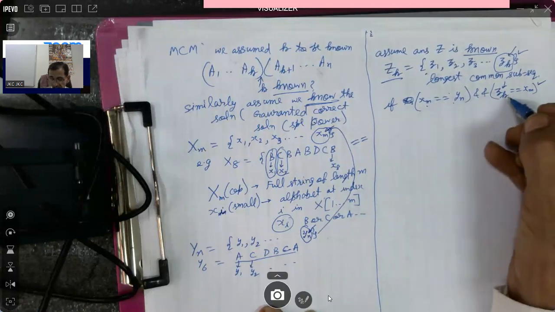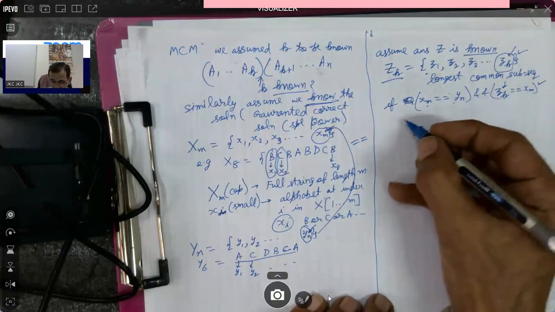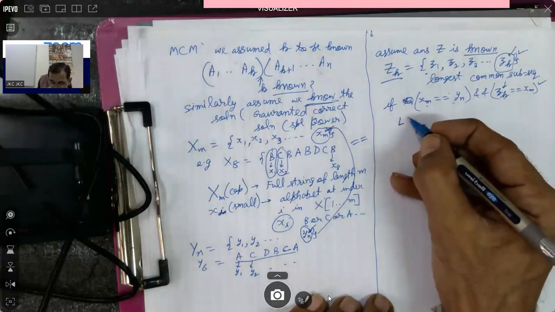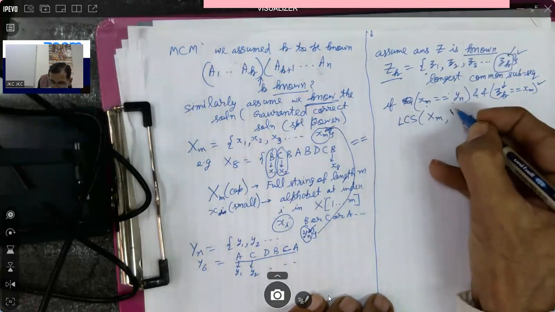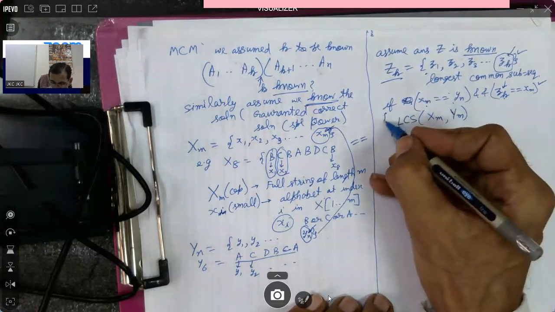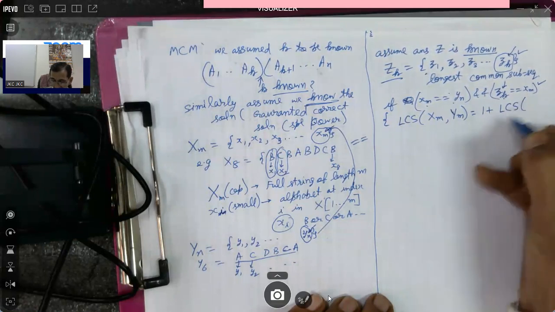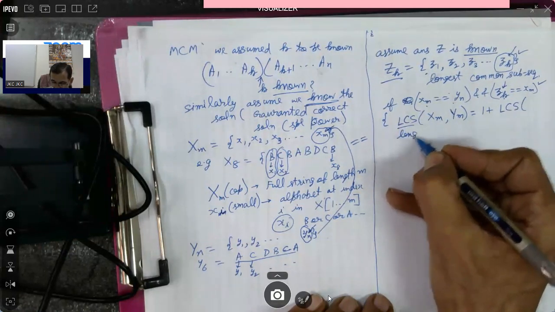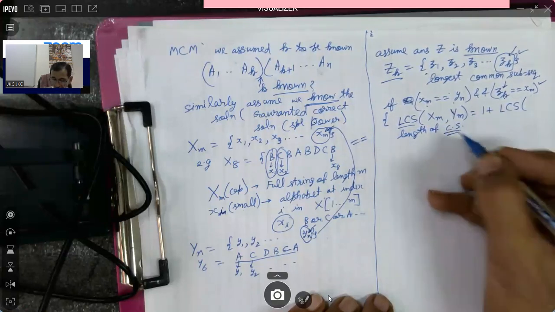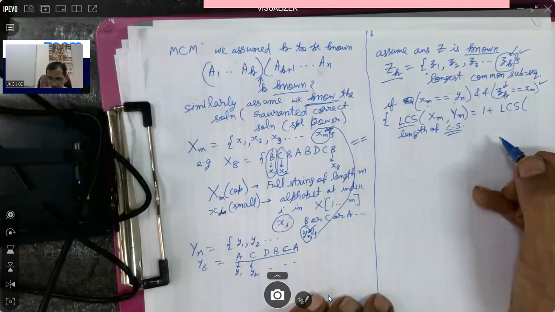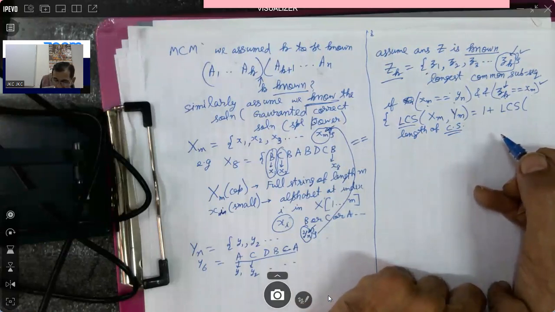If these two match, now I can find the solution by reducing. So I say LCS of Xm and Yn will be equal to 1 plus LCS, where LCS means length of the common subsequence. I'm just interested in calculating the total length first, whether 5 or 7 or 2. Later, I will find out which alphabets or characters were common.